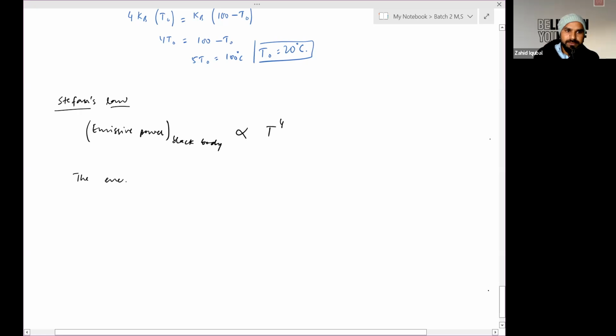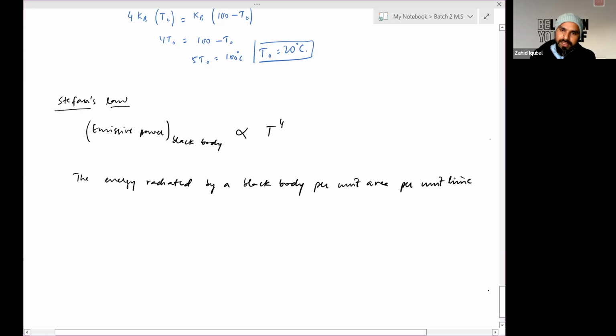the energy radiated by a black body per unit area per unit time is directly proportional to the fourth power of their absolute temperature.